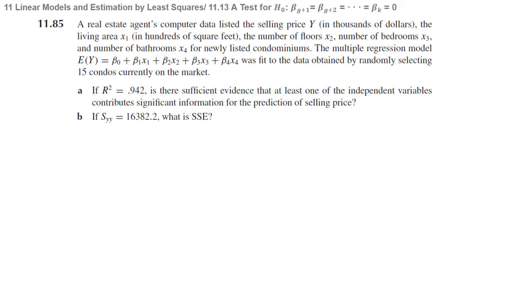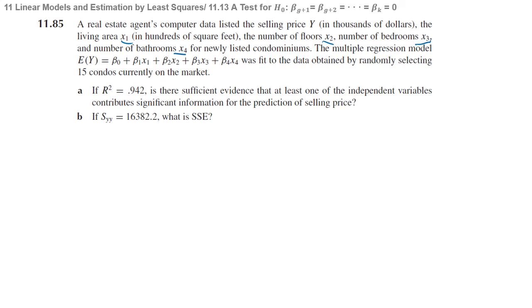Let's move on to exercise problem 11.85. A real estate agent's computer data listed the selling price Y in thousands of dollars, the living area x1, the number of floors x2, the number of bedrooms x3, and the number of bathrooms x4 for newly listed condominiums.